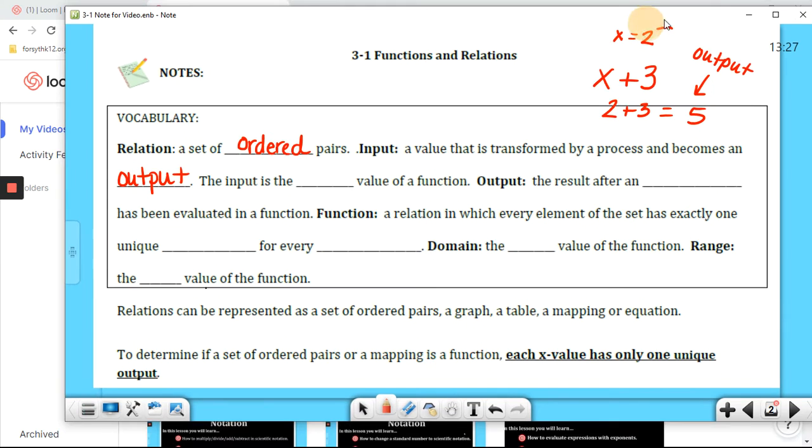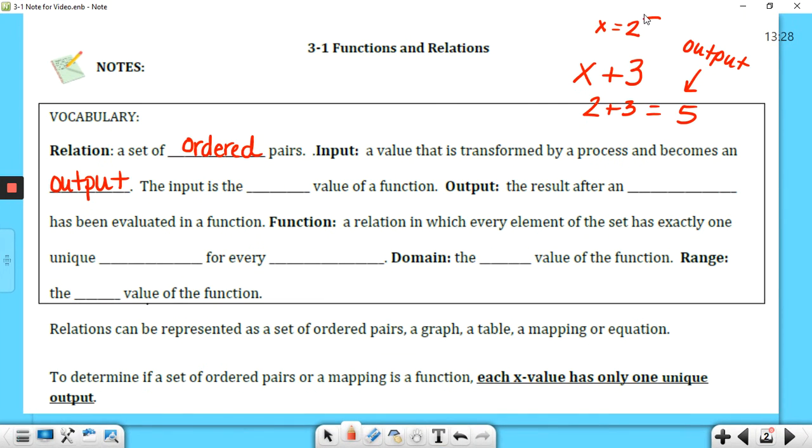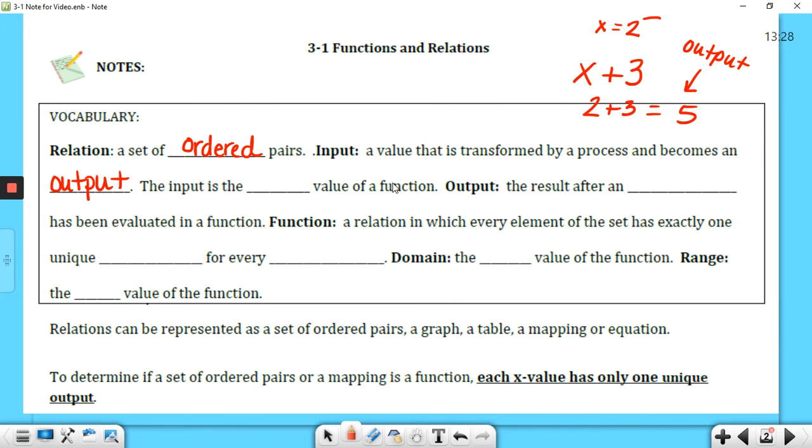Whatever your output will be strongly affected by your input. So the input is your x value of your function. The output is a result after an input has been evaluated in a function.